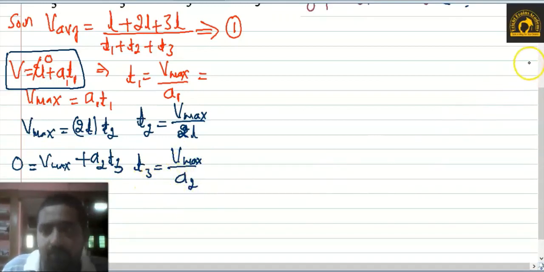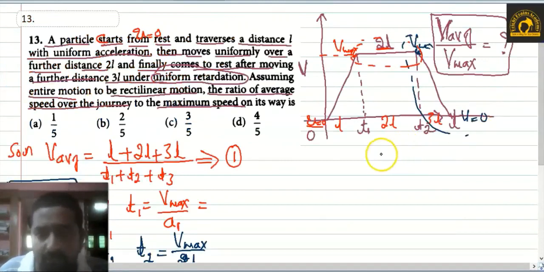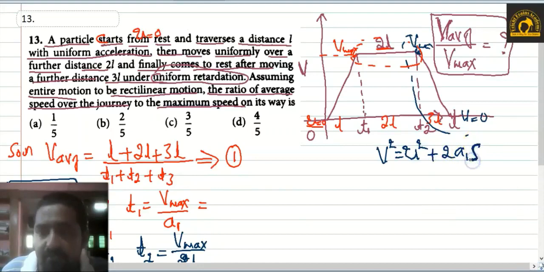Now you have to find out A1, A2. How to find A1, A2? That is V square is equal to U square plus 2 A1 S, where S is the distance. For the first case, U is 0 and the final velocity is V maximum.